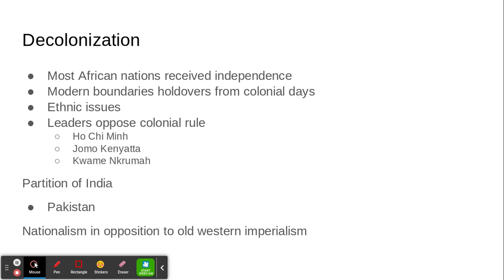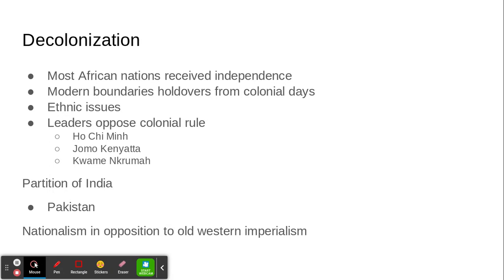And you still have a lot of issues because the African states who are getting independence are holding to those old boundaries that had been instituted from their colonial days. The problem is, just like it was back then, that you have a lot of ethnic issues. You have groups that are blood enemies, trapped in the same political boundaries as each other. So that has a lot of issues going on with it there.